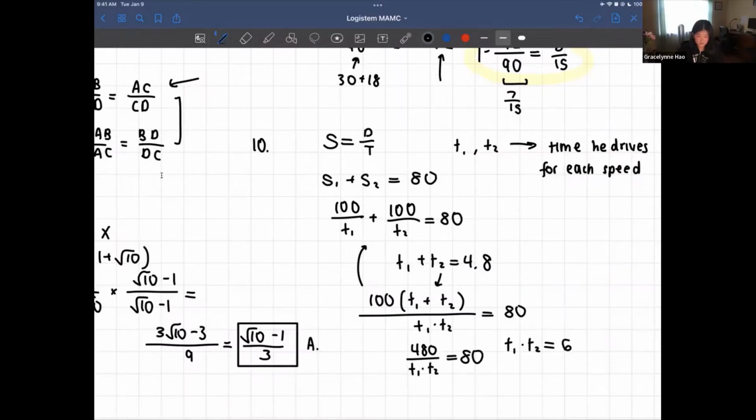And from here, we can go back to this original equation that we first derived. Since this represents S1 and this represents S2, and the problem asks us for the product of S1 and S2, we can just multiply these two expressions together.